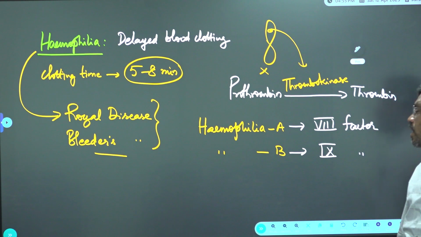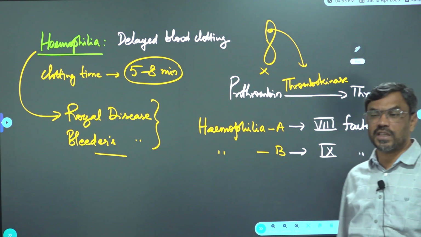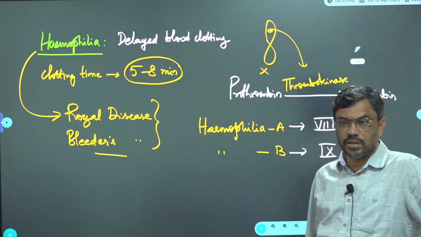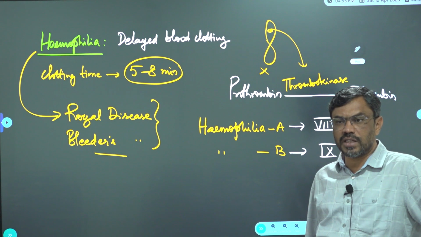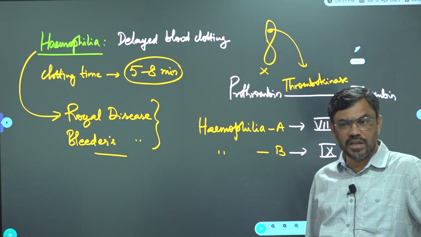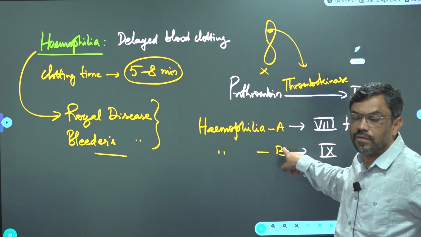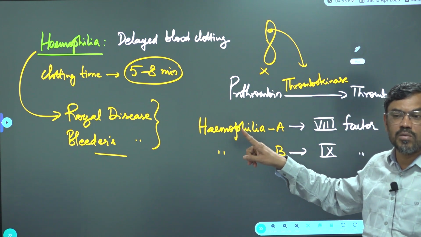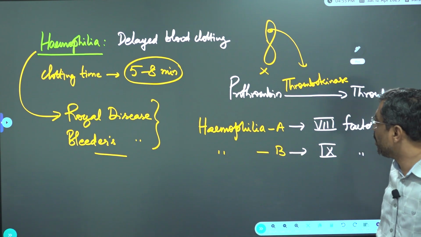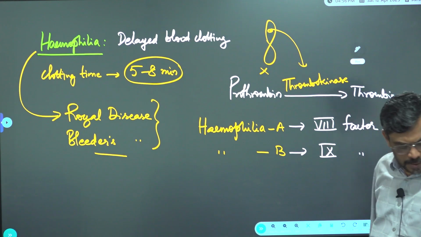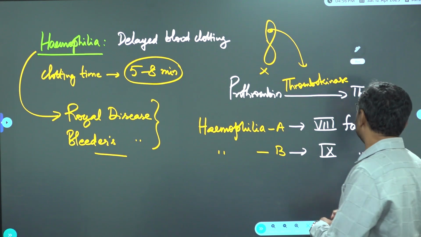There are 13 factors for the blood clotting process. Among these 13 factors, if 8th factor is abnormal, then it is called hemophilia A. If 9th factor is abnormal, then it is called hemophilia B. Remember this one. And then sickle cell anemia.